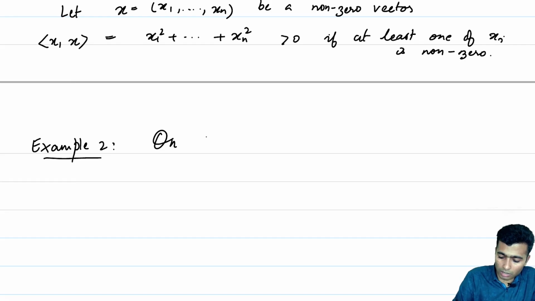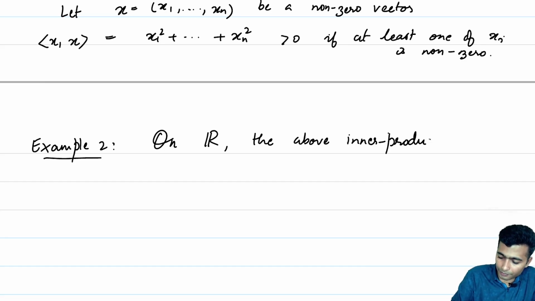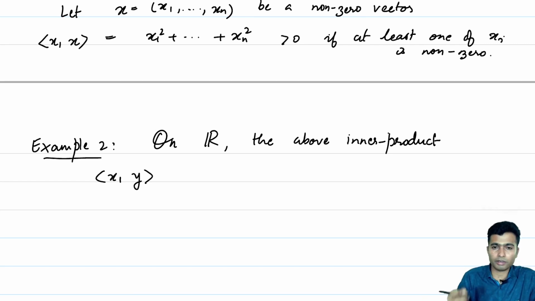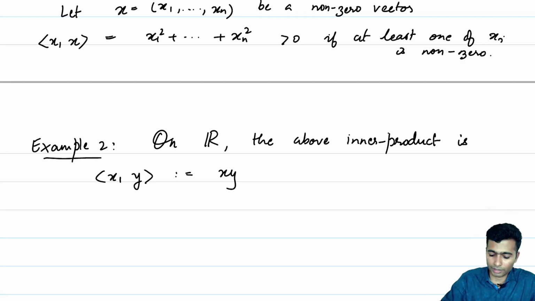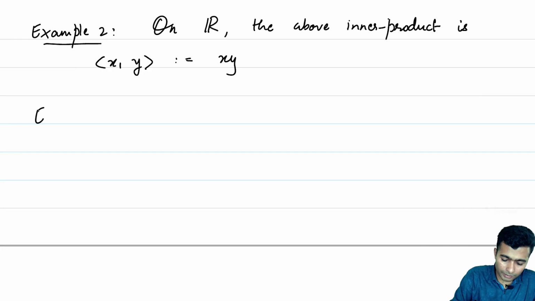So on R, the above inner product. So let's see what happens there. On R, inner product of x comma y will just be x times y. This is what is going to be the inner product, it's just going to be the multiplication of those two vectors.